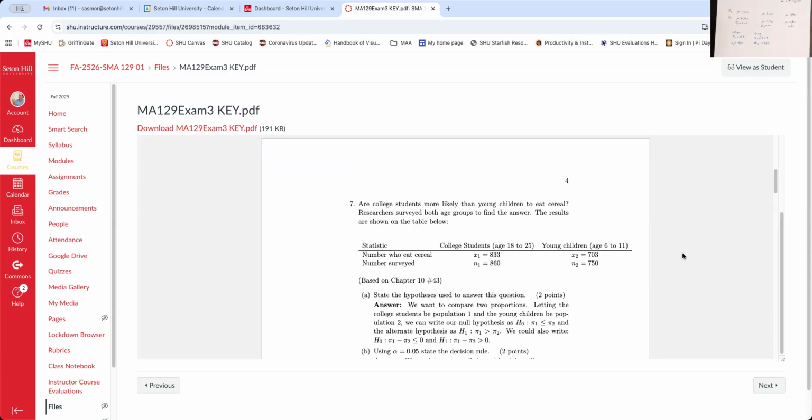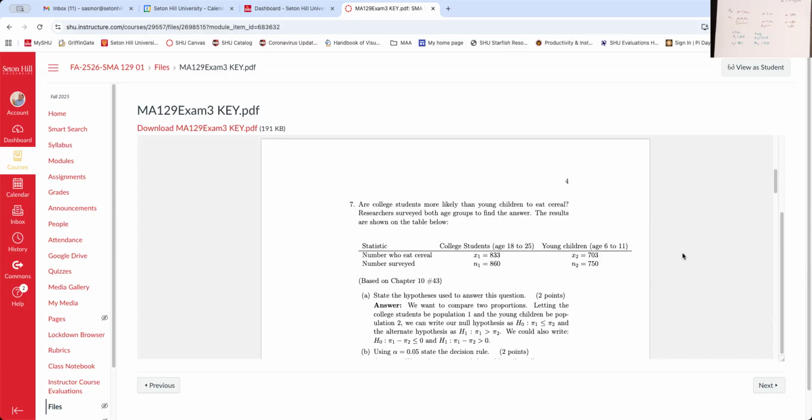Now, what's my decision rule? At 5%. Okay. Now I need to know what my calculated thingy is. Do I calculate a t or a z when I'm dealing with proportions? I always do a z for proportions.